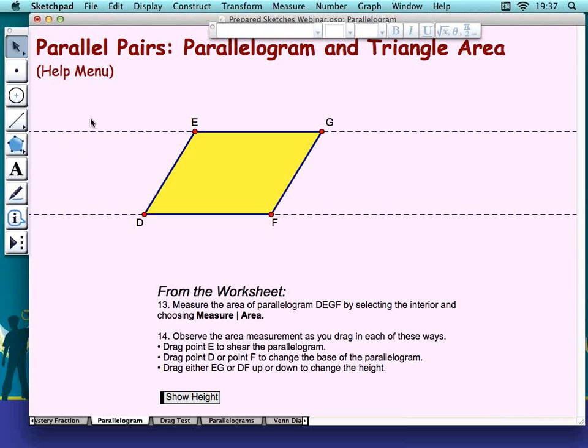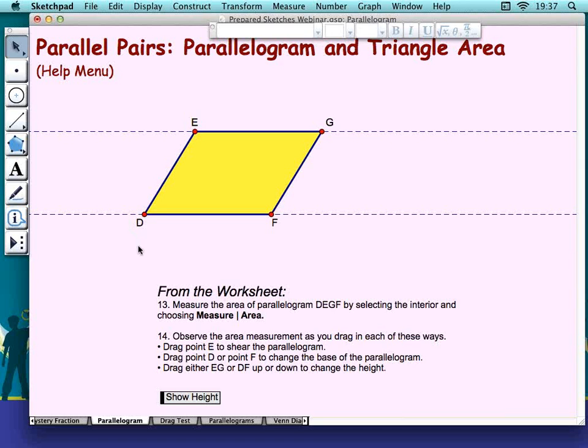And this particular worksheet actually allows students, if they follow the whole thing, to construct this entire sketch from scratch. That's a really valuable thing for kids to do, to have the opportunity to build the entire mathematical object themselves.